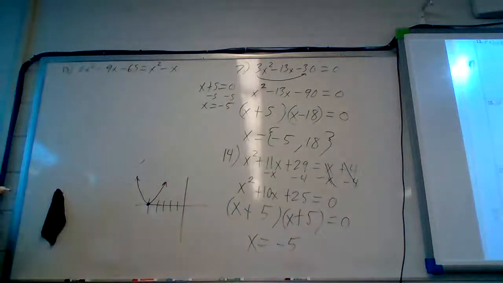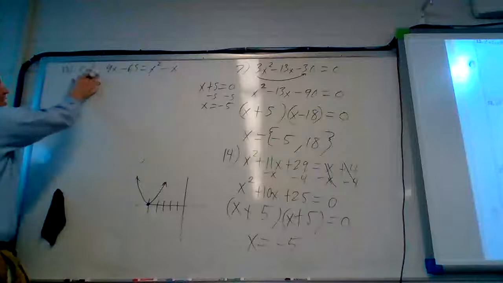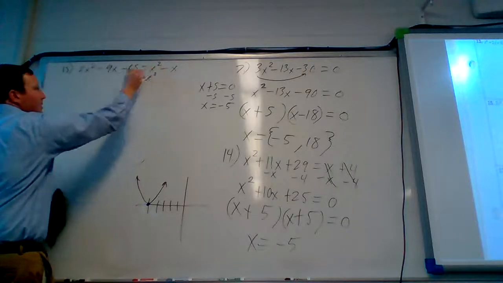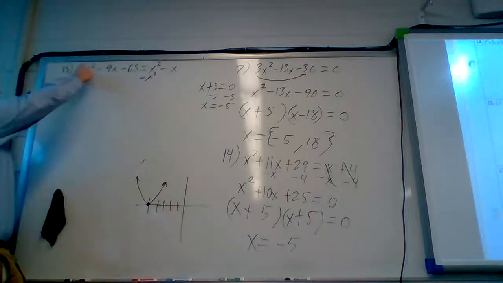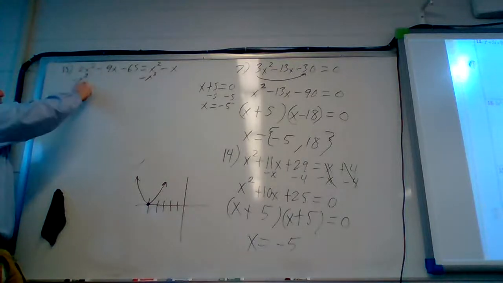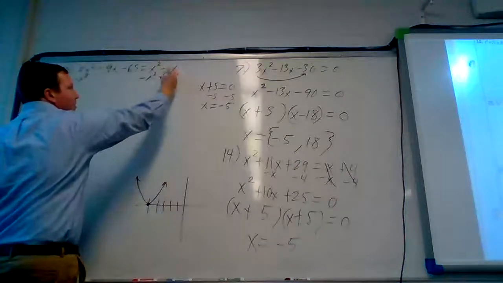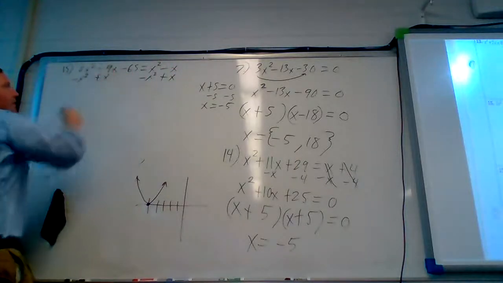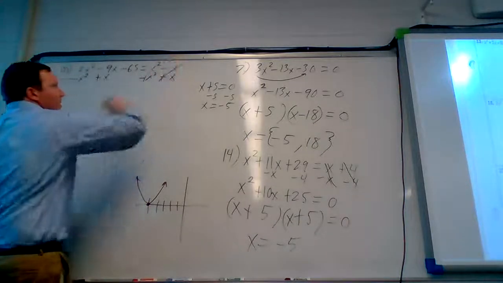Okay. So we want to move these over to this side, so we're going to subtract x squared. Then we'll add that x over, because it's already negative. Those x squared terms cancel each other out.